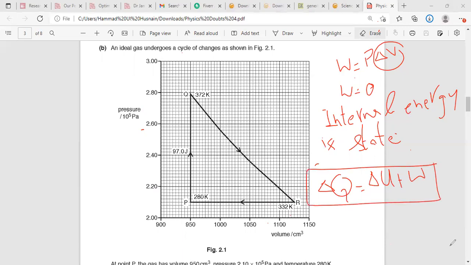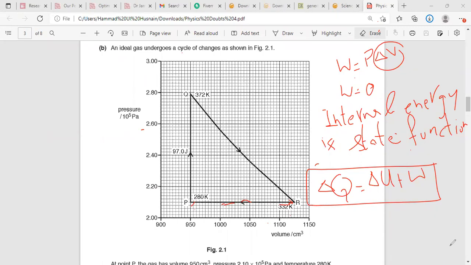Are you familiar with this? Yes. So the point was, internal energy is a state function. State function means that it is such a function that if we take it in a closed cycle, let us say we started from P and moved towards R, and from R to Q, and then again from Q to P, then it means that we finished where we started, right?